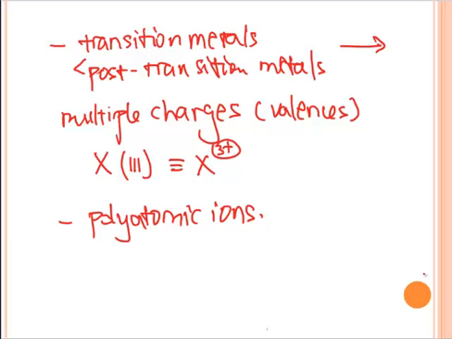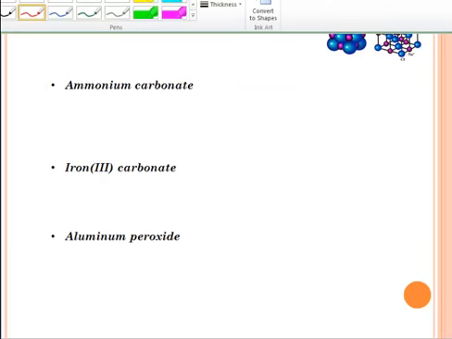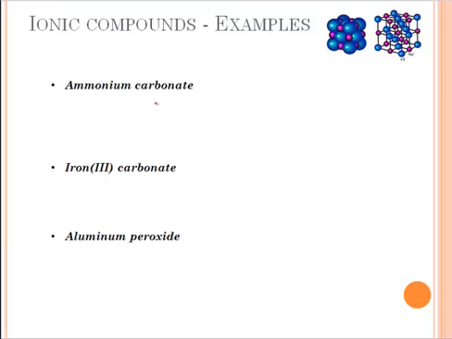So then let's take a look at some examples. In this case, now we're having the ammonium carbonate on the list. You quickly will recognize ammonium NH4 plus, carbonate will be CO3 2 minus.